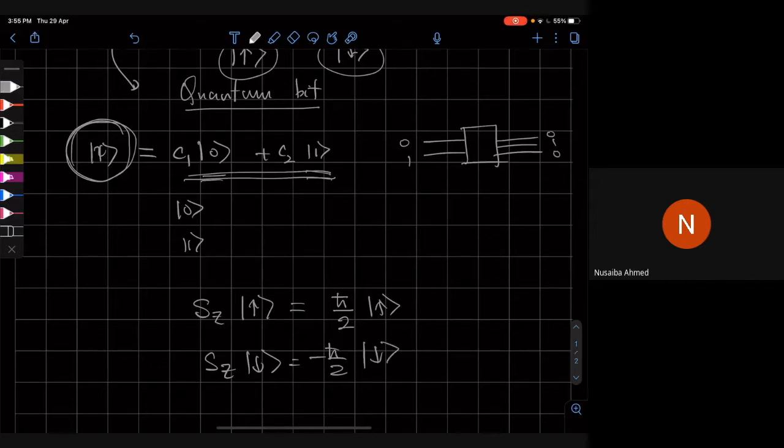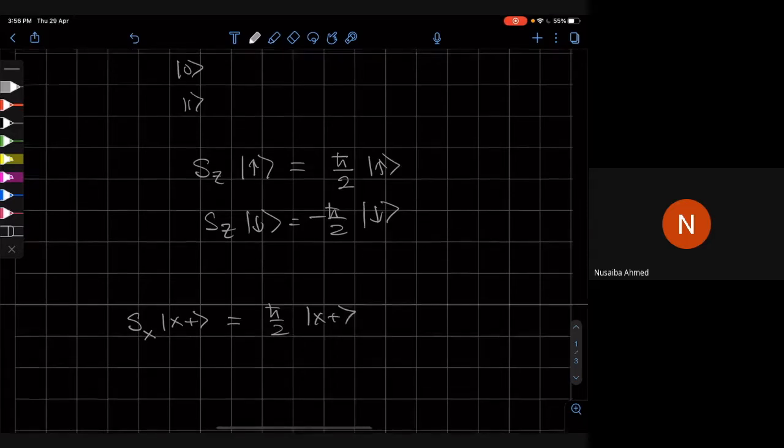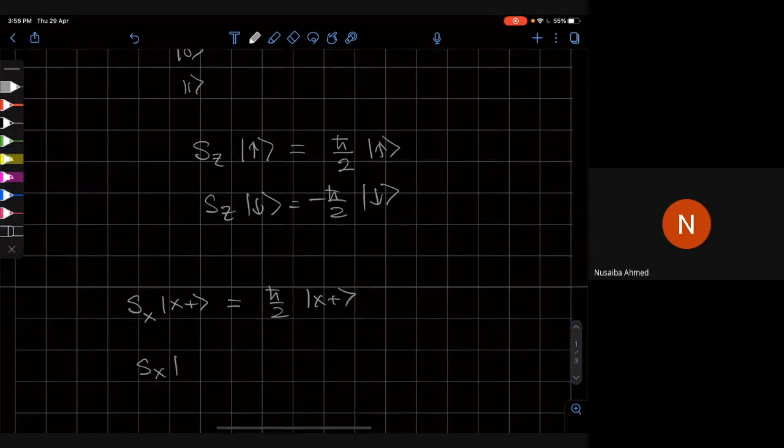Now you might ask, what is the eigenstate of Sx? Let's call it x plus. If you work this out, you will find that it has the same eigenvalue. And then Sx also has the other eigenvector, with eigenvalue minus h bar by 2, x minus.